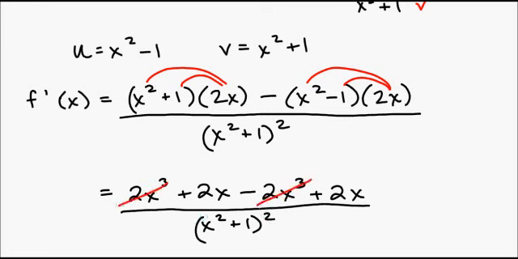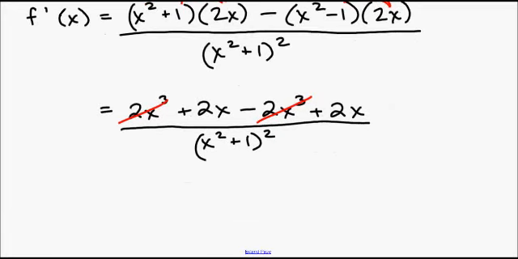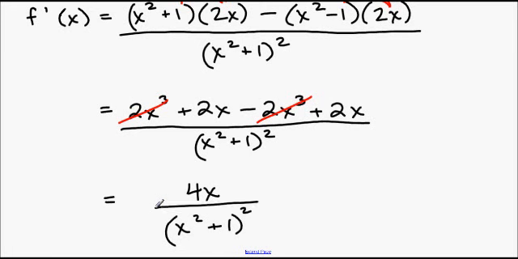These cancel, and I have 4x over x squared plus 1 squared. And I'm going to leave my answer just like this.